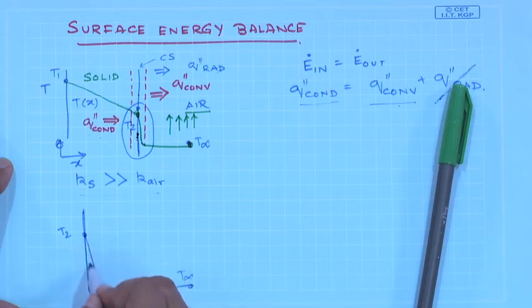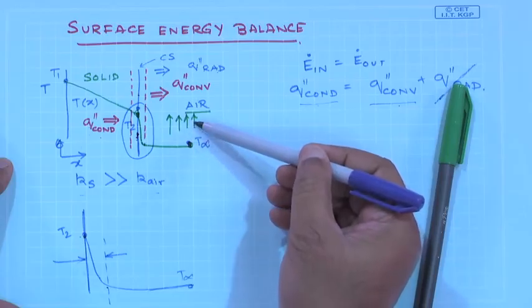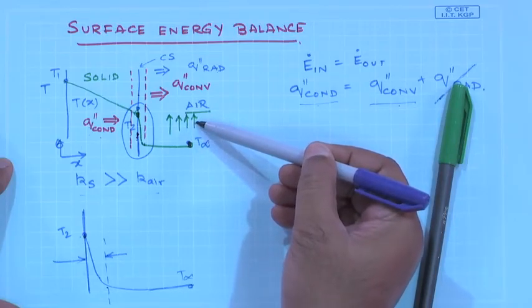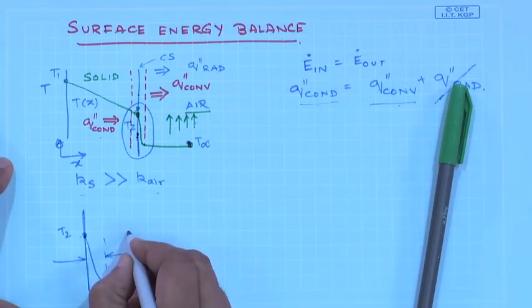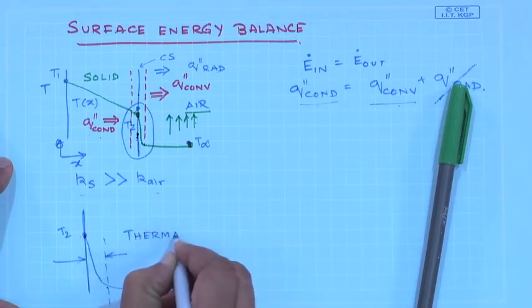So, the temperature profile changes drastically over a region which is very thin, and this region where the temperature changes from that of the base temperature to the temperature of the free flowing air, which is T infinity, this is known as the thermal boundary layer.